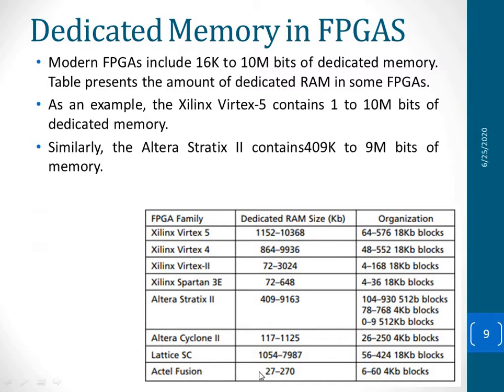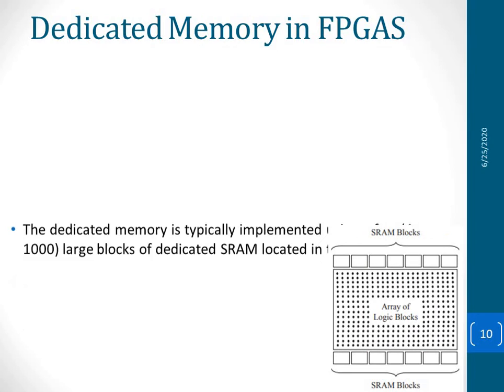Similarly, the Altera Stratix 2 contains 409 kilobits to 9 megabits of memory. The Actel Fusion, the last one, contains 27 to 20K bits of memory. So likewise, some dedicated memory is also available in FPGAs.